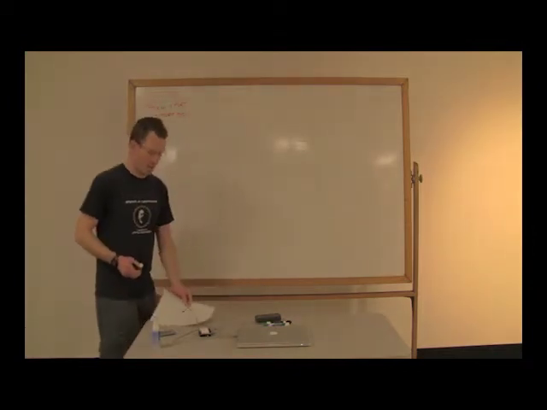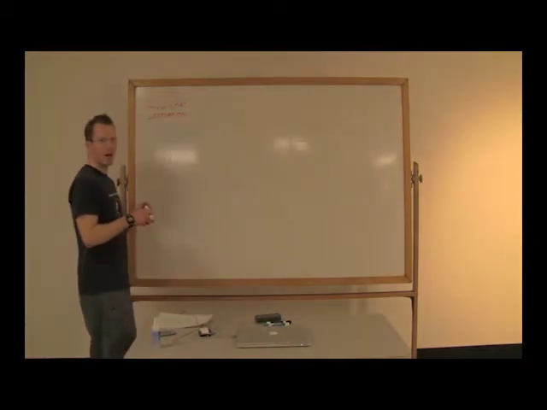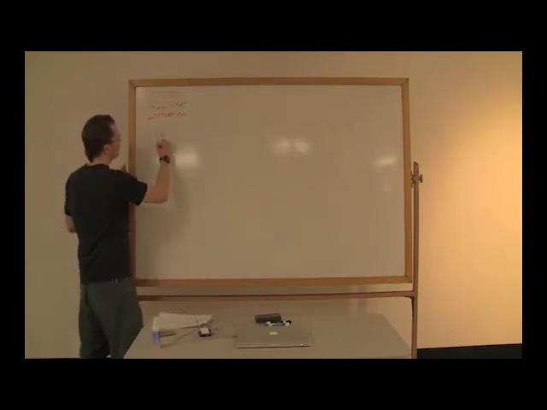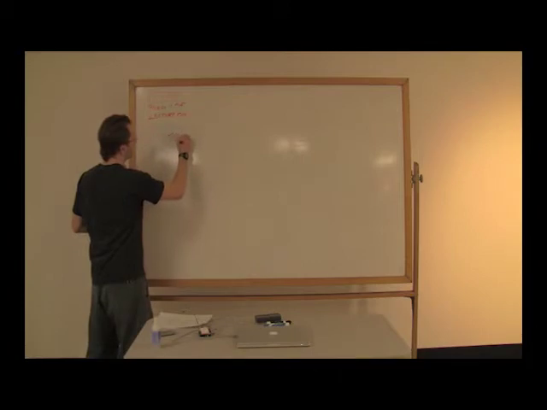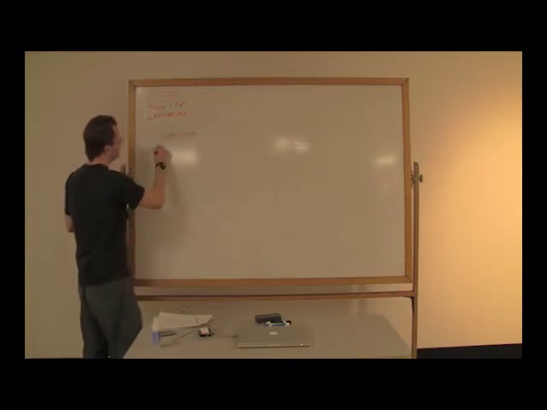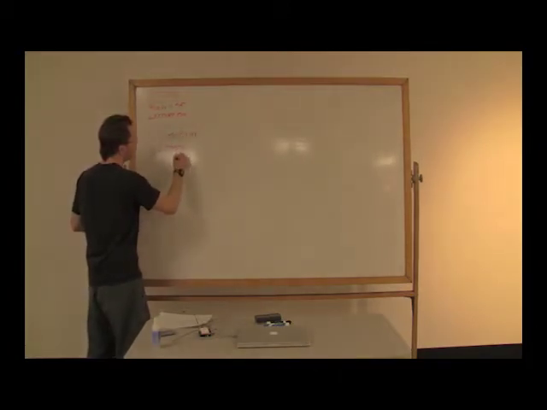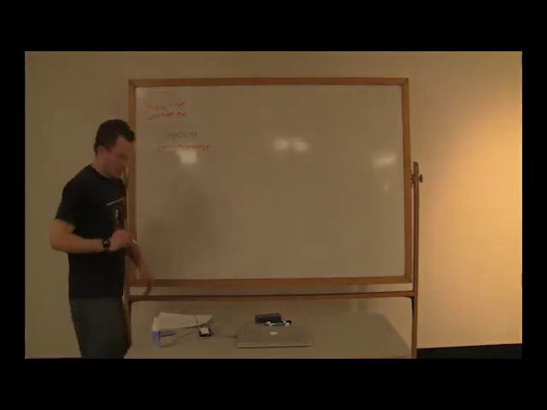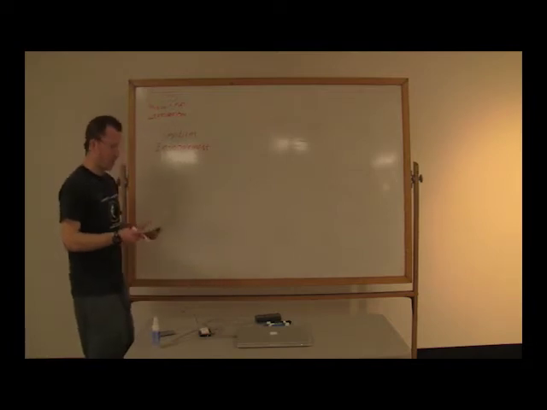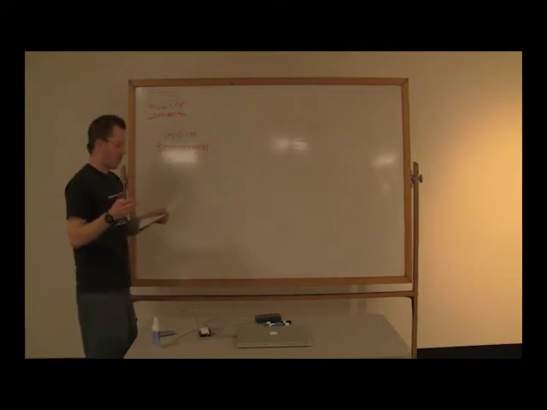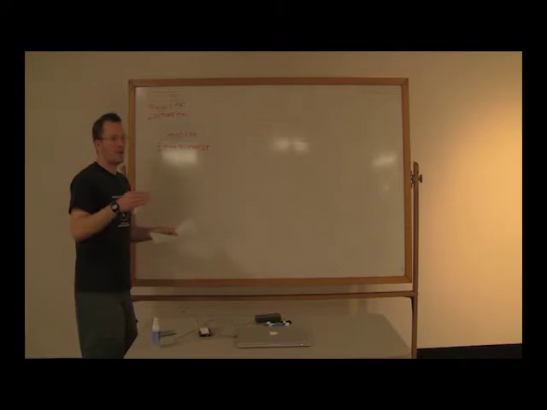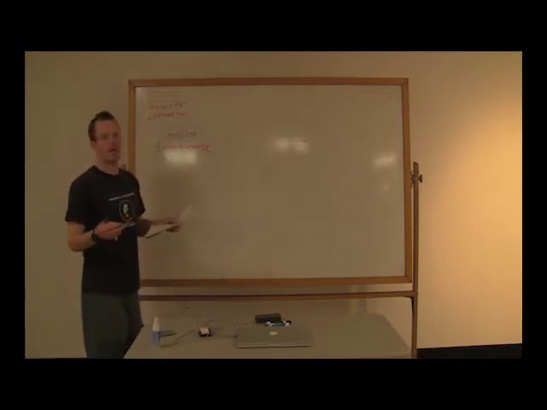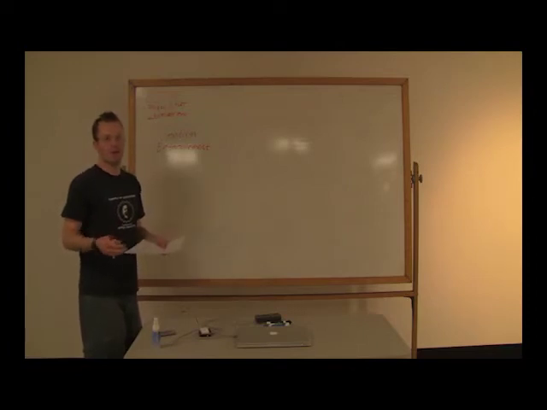This brings up an interesting concept, and the concept that I want to introduce today is called quantum entanglement. Quantum entanglement has a lot to do with the difference between the classical physics measurements that we can make and the quantum physics measurements we can take.